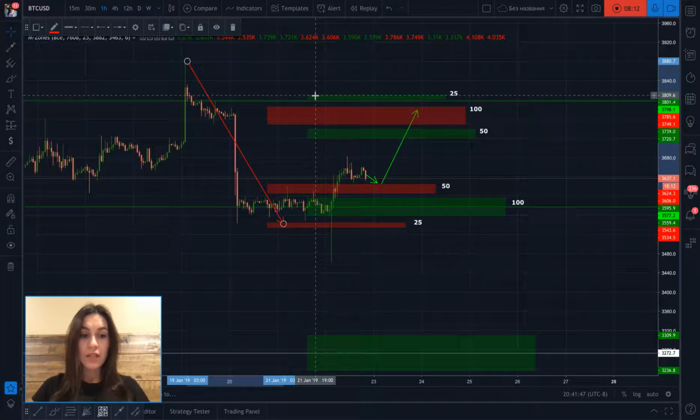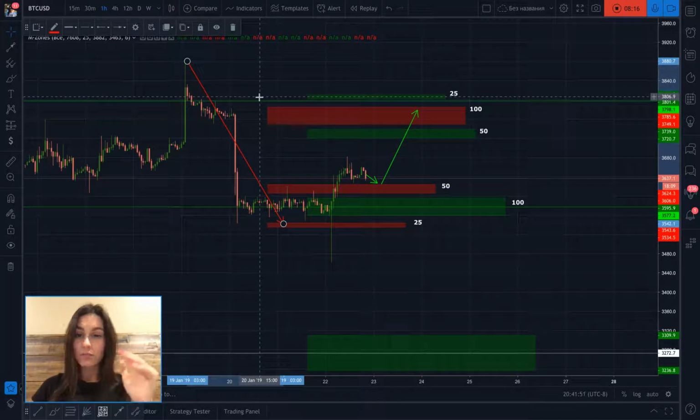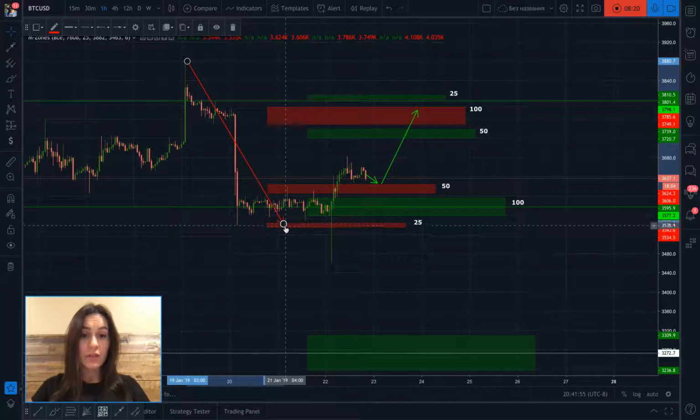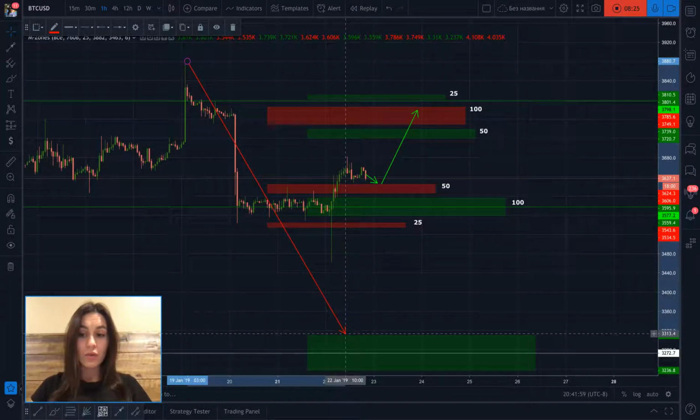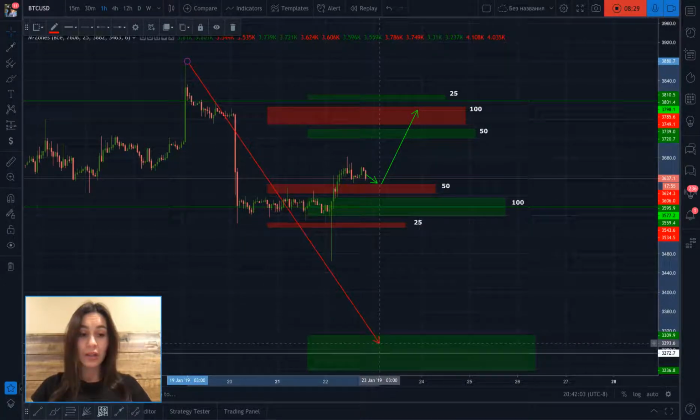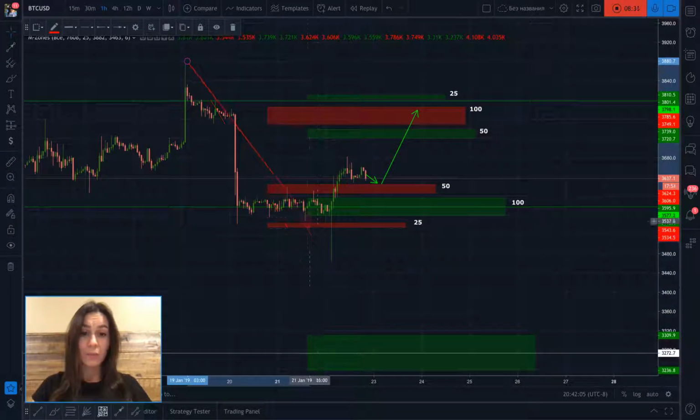25. Now pay attention to the green zone. We hit all this level really fast, 25, 50, and 100%. There is a big chance that we can continue our trend to this zone. And don't forget that this is our main support level, so we can retest this zone. We came here, we hit with the false break, and we returned over here.